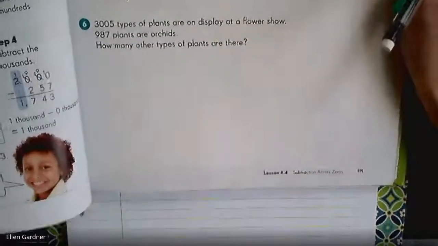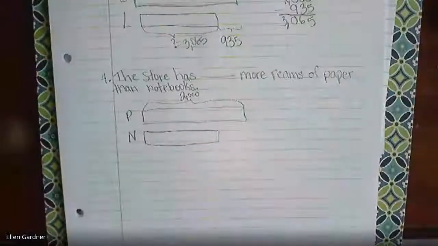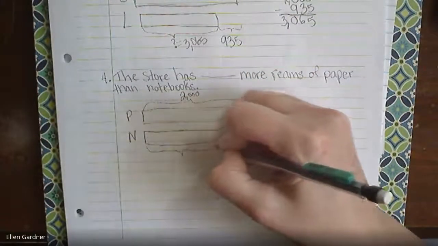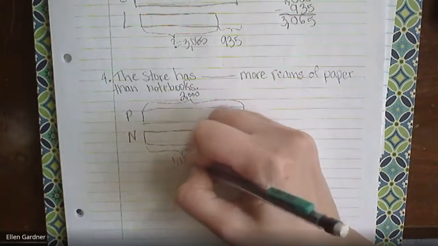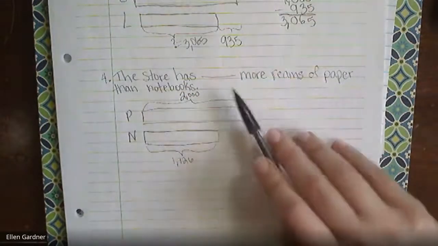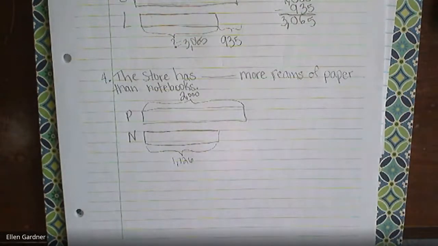Do we know how many notebooks they have? 1,726 notebooks. We're going to label that as well. Now we're trying to solve for how many more reams of paper than notebooks the store sold.